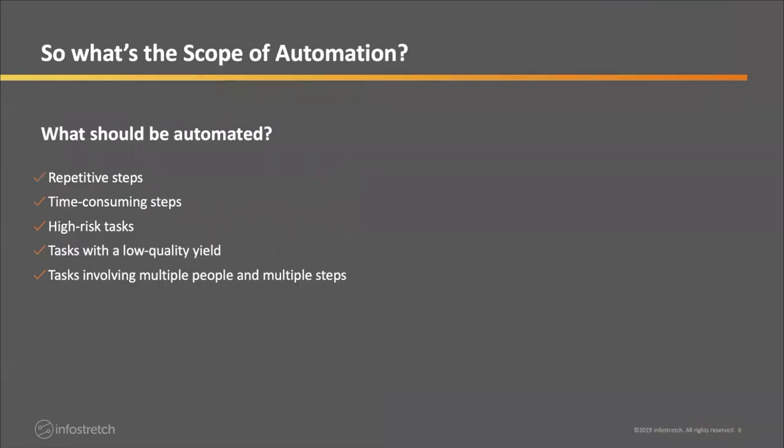So what can be automated, right? Anything that is repetitive, time-consuming, high-risk, or tasks that have a lower quality yield, is something that you should definitely consider automating rather than having a human workforce do it. Before we talk about what should be automated, we should also be thinking about what can be automated.